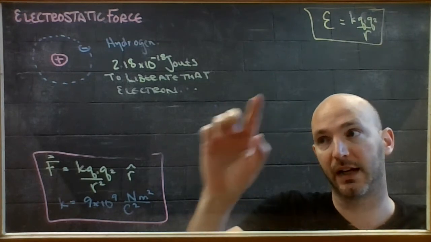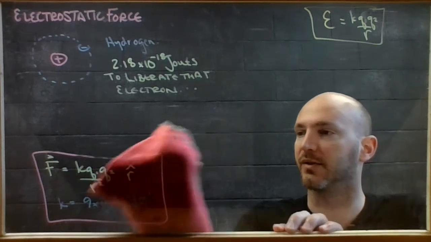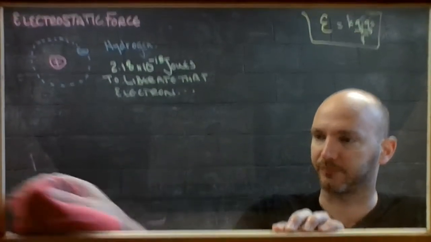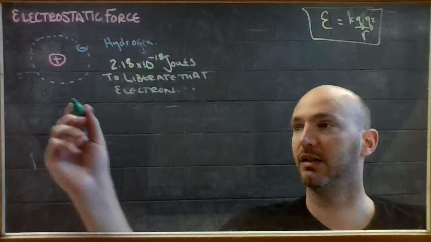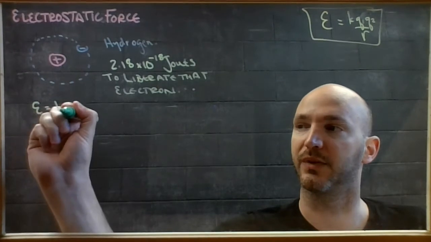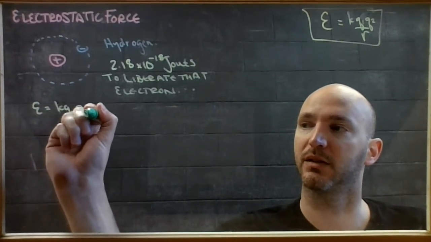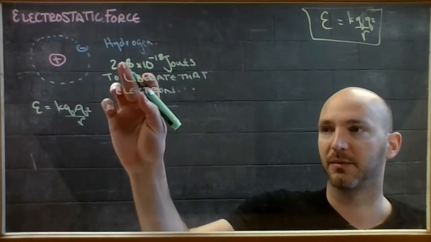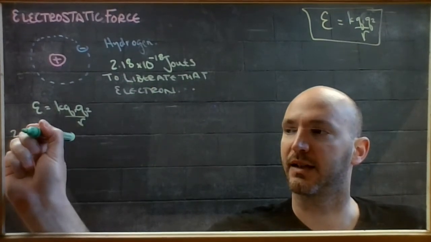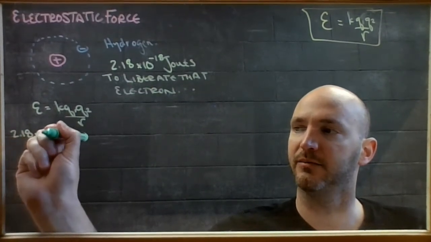So I'm going to do that here and clean our force equation off. Start with the energy equation. E equals K Q1 Q2 over R. I'm going to park in my 2.18 times 10 to the negative 18.